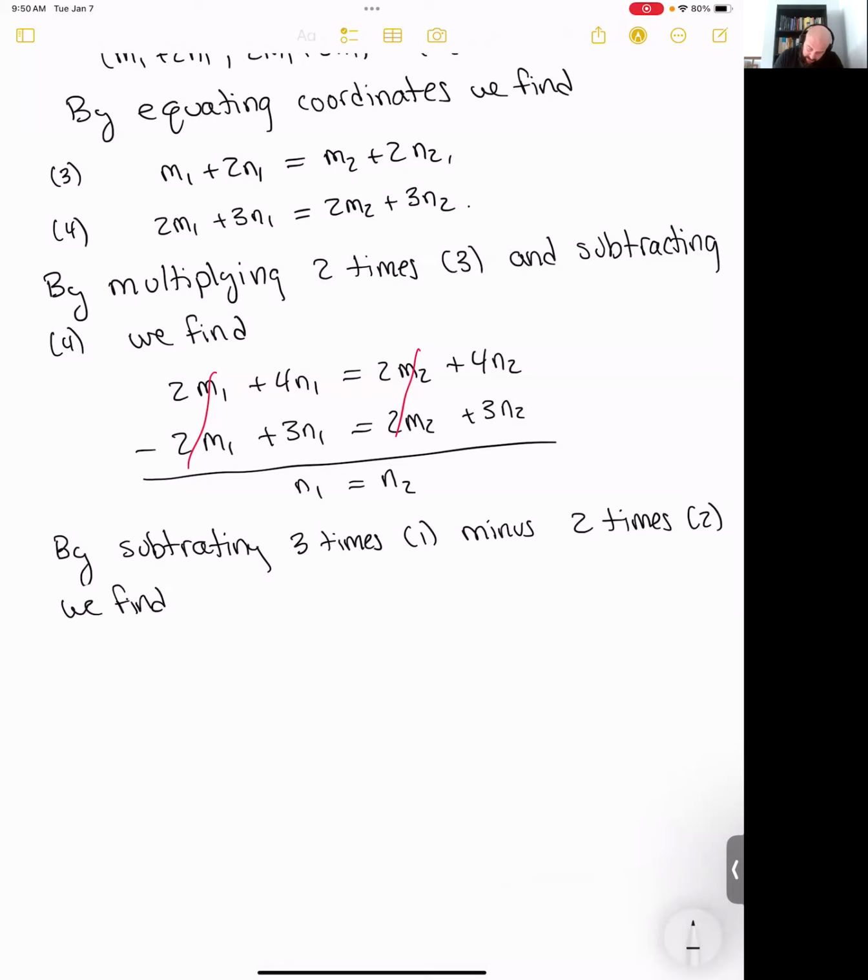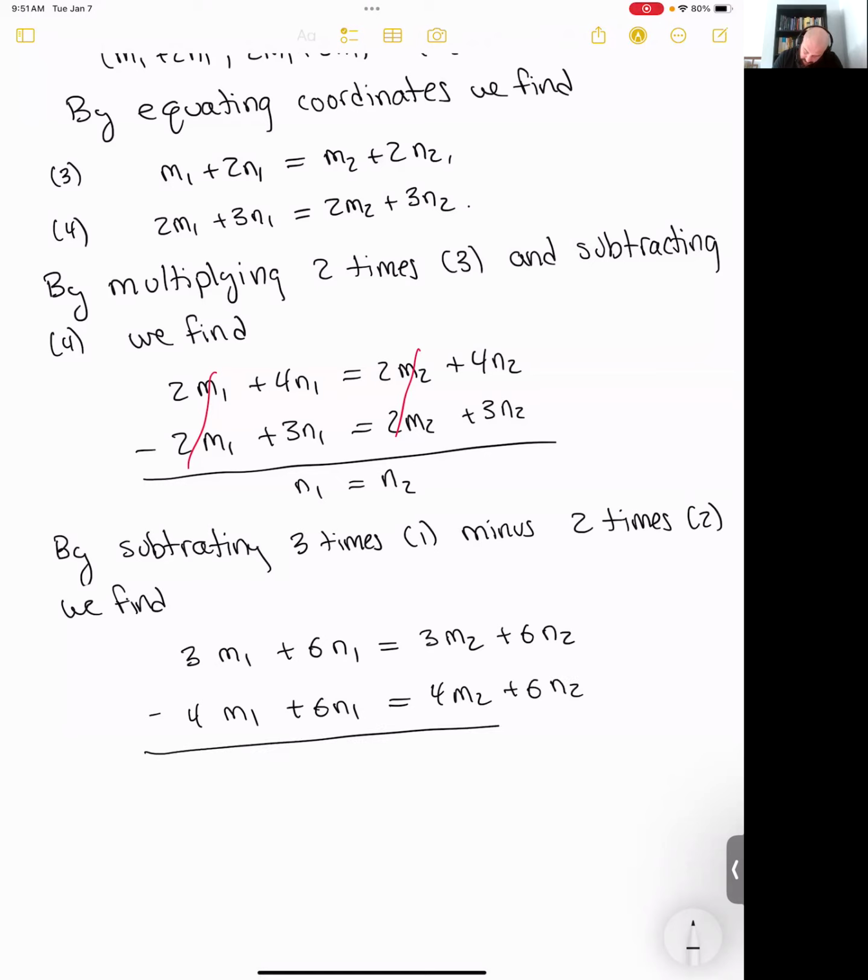Well, what do we get? We get 3 times m1 plus 6 times n1 is equal to 3 times m2 plus 6 times n2. And we're going to subtract here 4 times m1 plus 6 times n1 is equal to 4 times m2 plus 6 times n2.